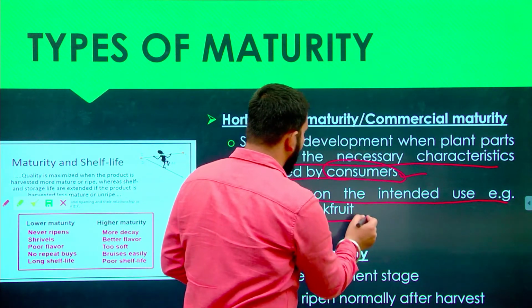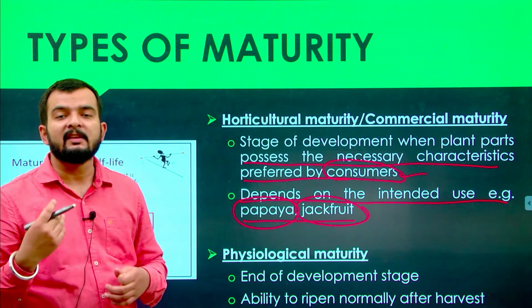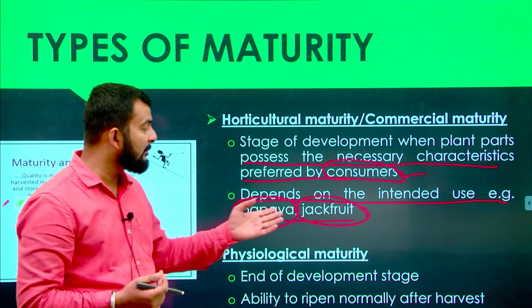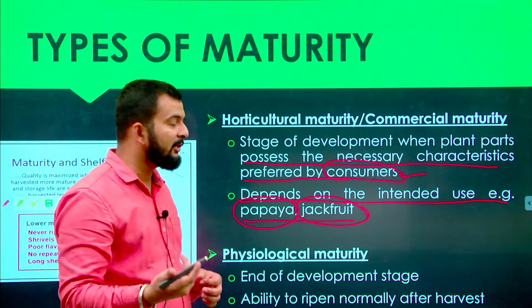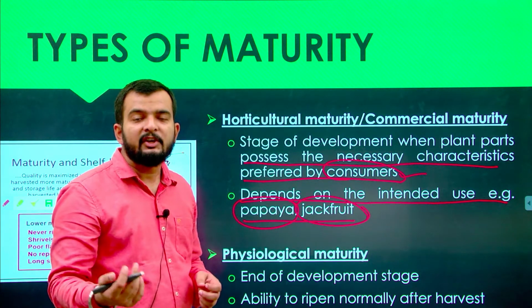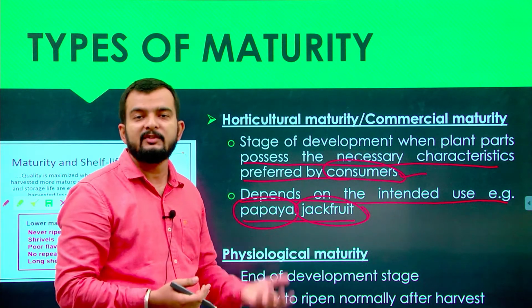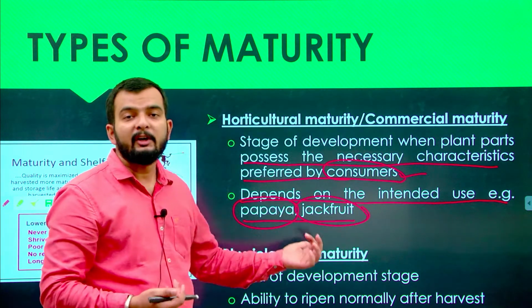Example is papaya and jackfruit. Jackfruit is consumed both as an unripe and as a ripe fruit. The unripe fruit gives you a tender taste. When it is ripened, again the properties will change, but it also depends on the consumer. The consumer requires both types depending on how they are going to consume it.